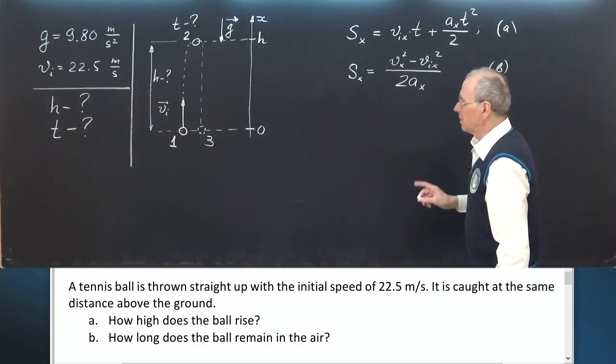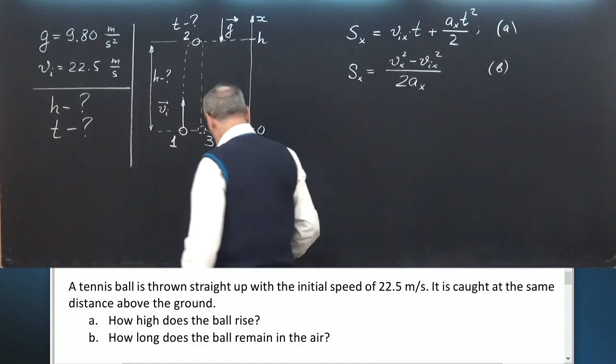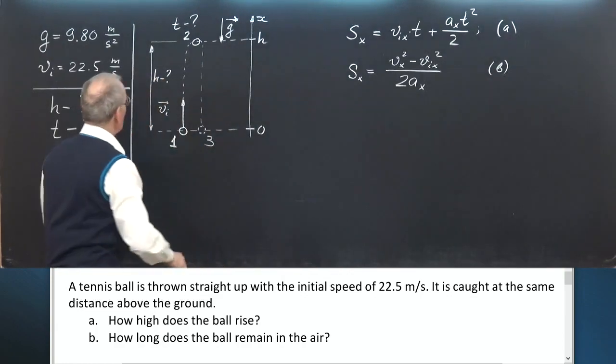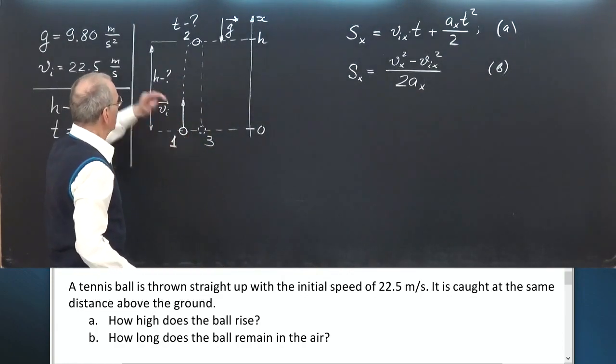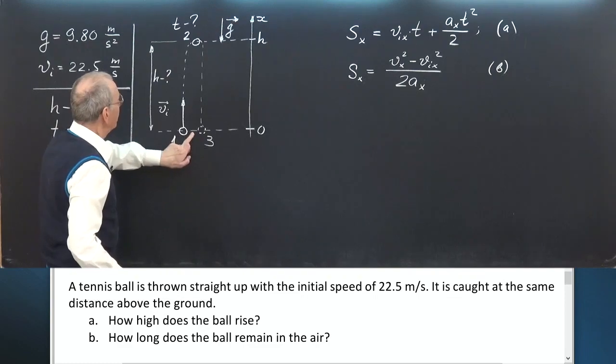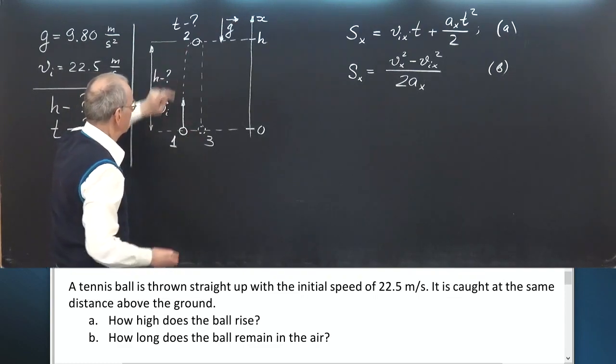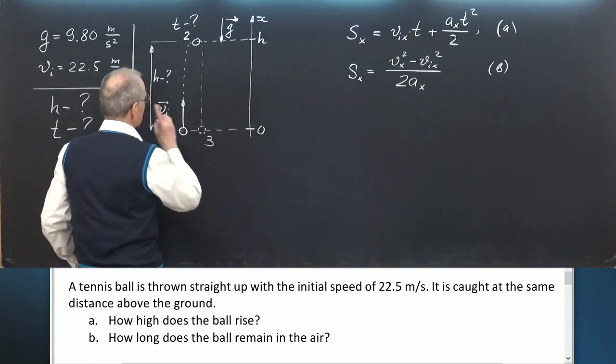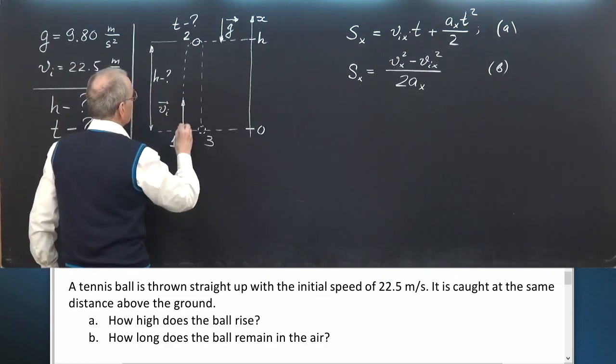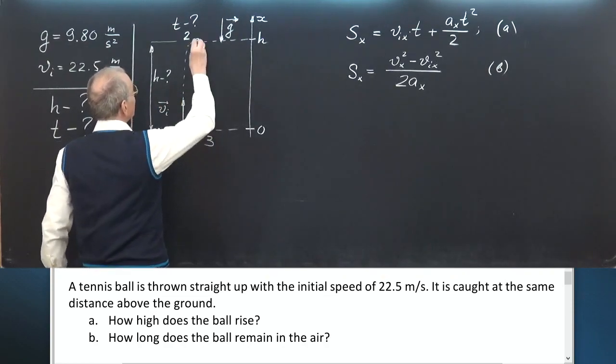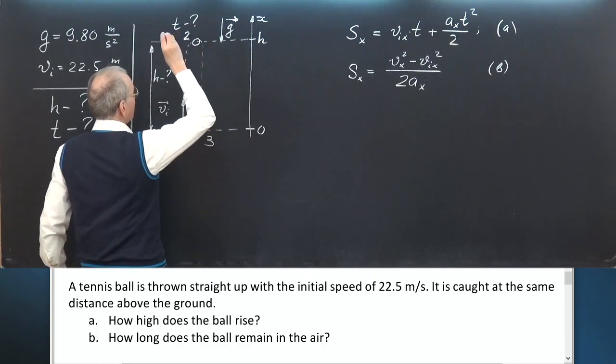Now let's consider the displacement of the ball between the first and the second position. The displacement is a vector from starting point to final point.